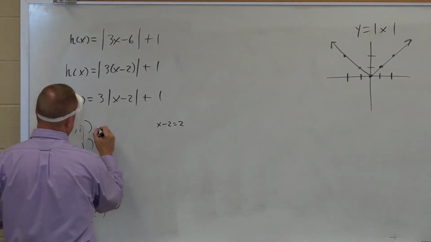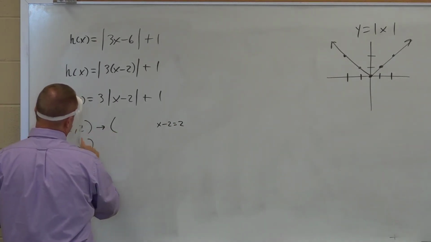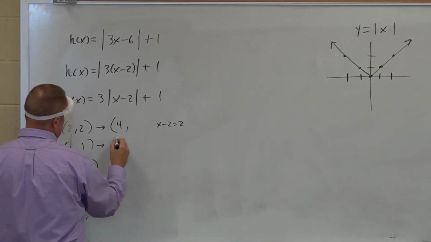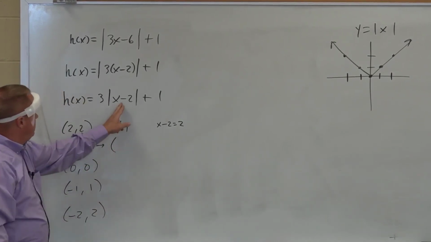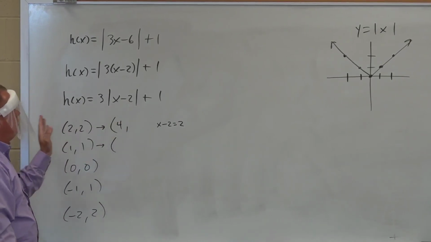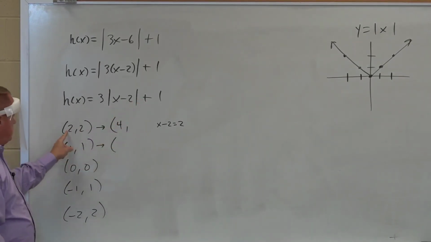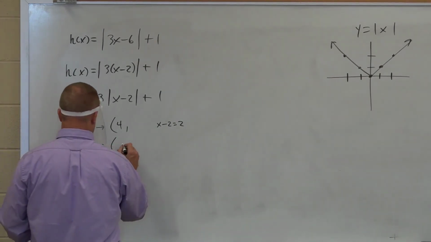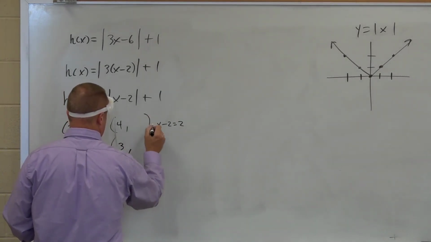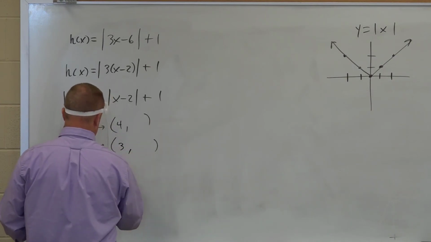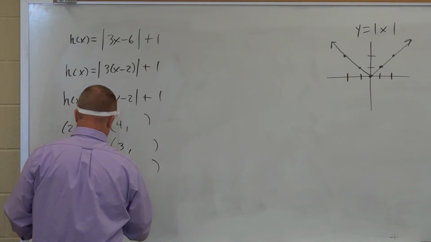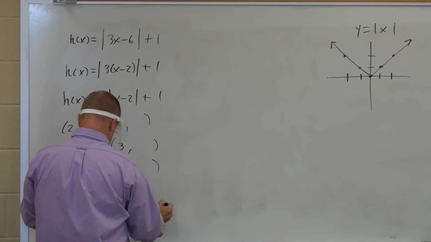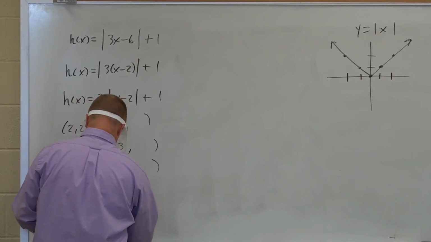So that would change my x to a 4. This minus 2 is really shifting it to the right 2 units, so that's just adding 2 to each of those x's. So that would be 4, 3, 2, 1, 0.